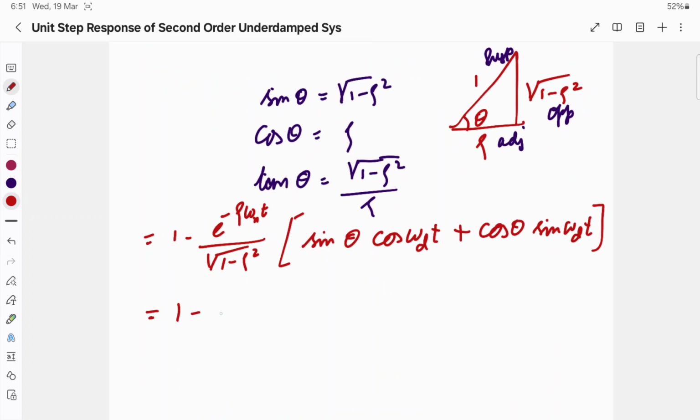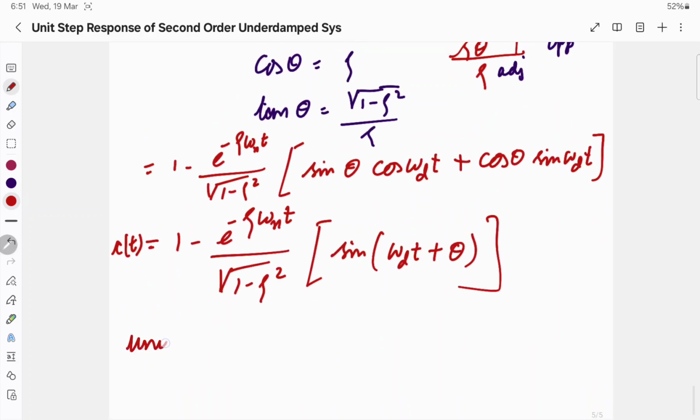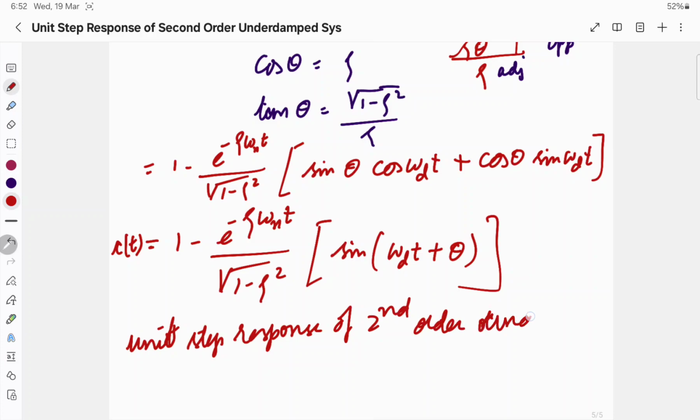So I can write this as 1 minus e power minus zeta omega nt divided by square root of 1 minus zeta square, sin of omega dt plus theta. So this is the unit step response of second order underdamped system.